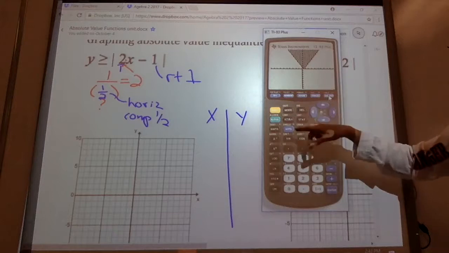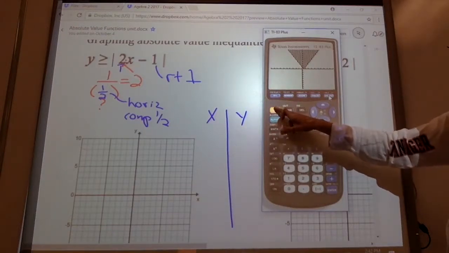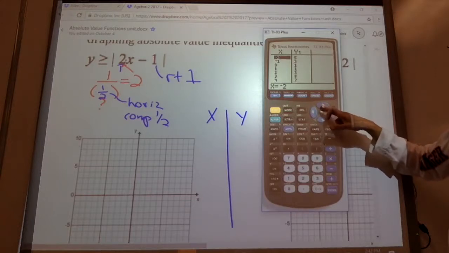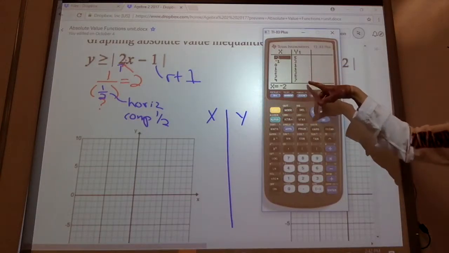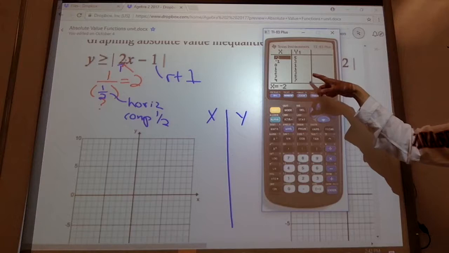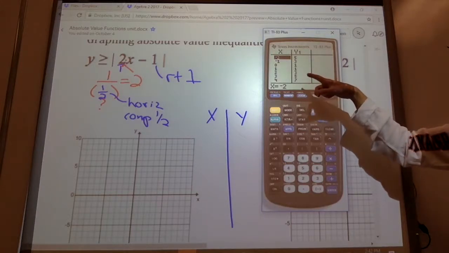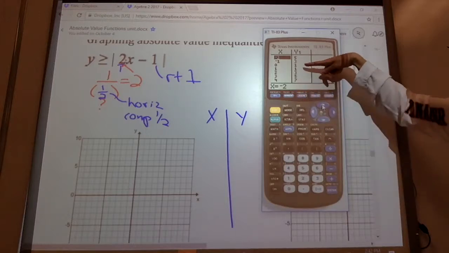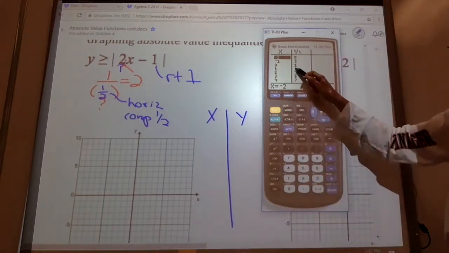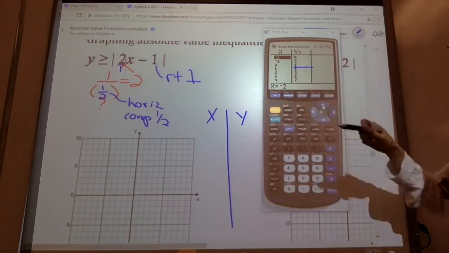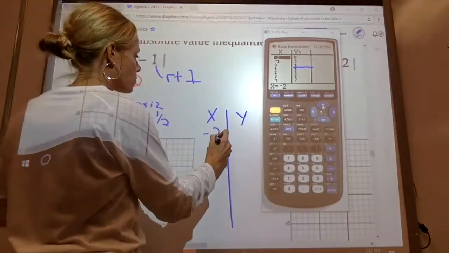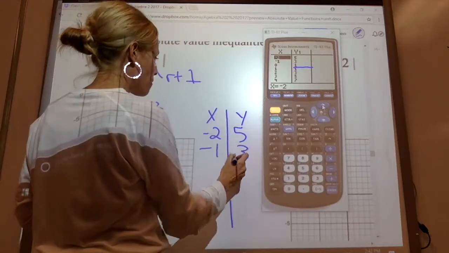Okay. But then I'll need some points to graph. So second table, find some symmetry. And what you notice is that you don't have your vertex here because your vertex is going to be 1/2 because of my horizontal compression of 1/2. So my vertex is actually going to land right here between this 0 and 1. Okay, so I'll kind of guess where my vertex is. But these points would be good to graph.